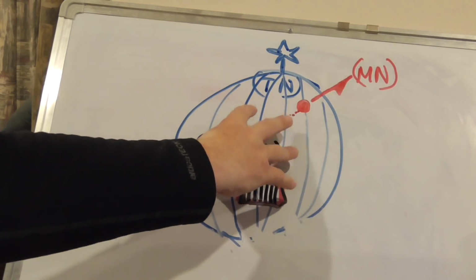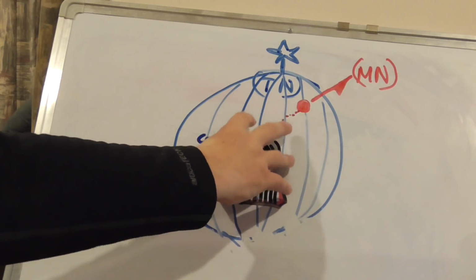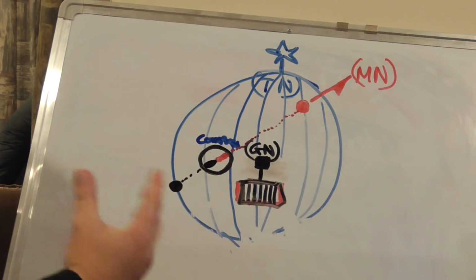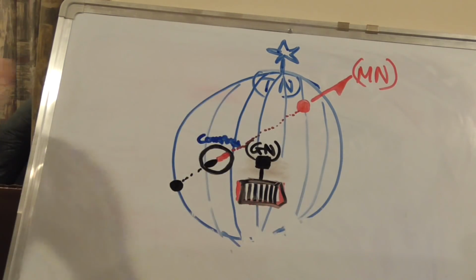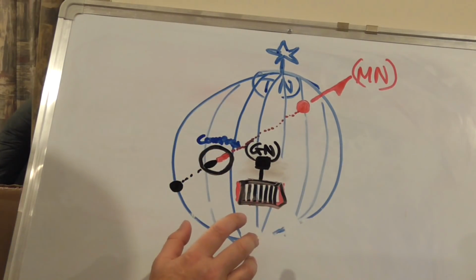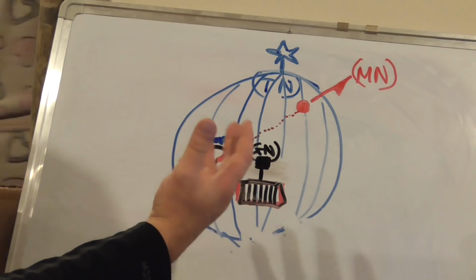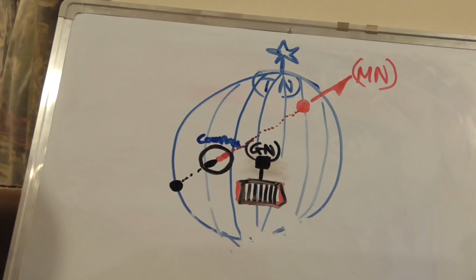So inside the planet, under the ground, under all the seawater, in the middle of the planet, there's molten lava or molten rock, and it's moving around in there. And that molten rock, as it's moving, it creates a magnetic field.